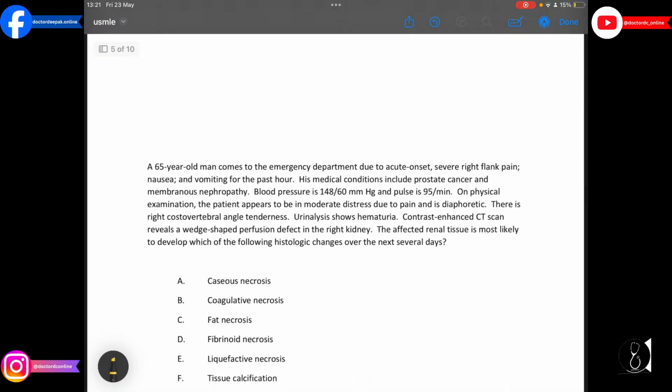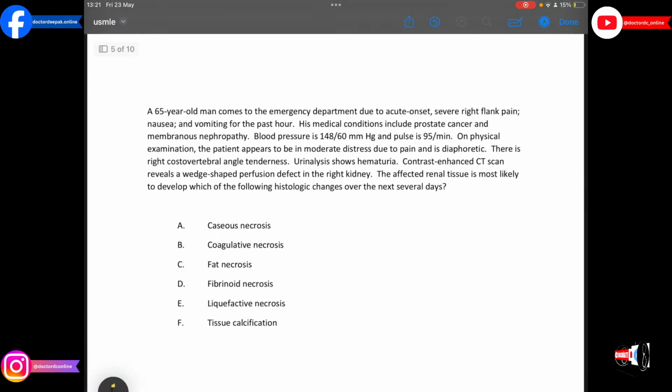If you guys move to the next question, a 65-year-old man comes to the emergency department due to acute onset severe right flank pain, nausea and vomiting for the past hours. His medical conditions include prostate cancer and membranous nephropathy. Blood pressure is 148/60 and the pulse is 95 per minute.